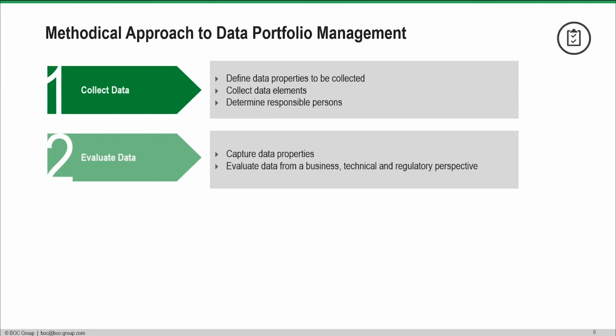From a technical perspective, we must determine how IT systems and other architecture elements, such as your business processes, are going to access the data. So as a rule of thumb, it can be stated here that exactly one application per data element must be the so-called master of the data. This means that all essential properties of each data element can be maintained by the master application alone, right?